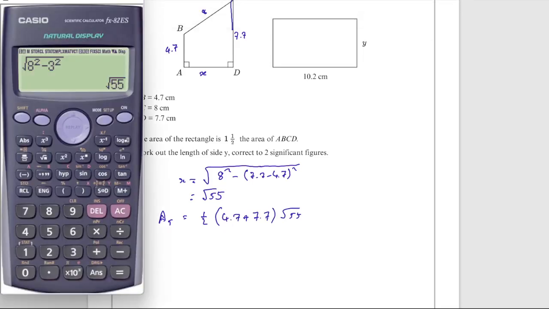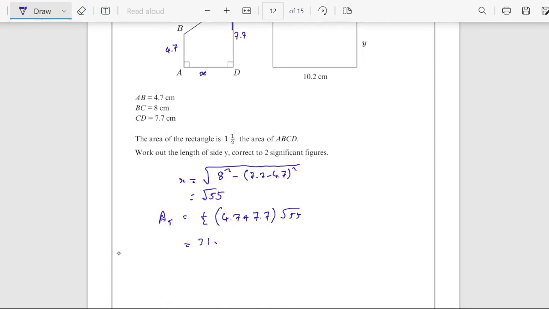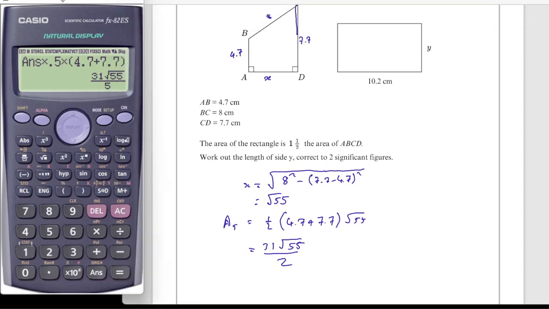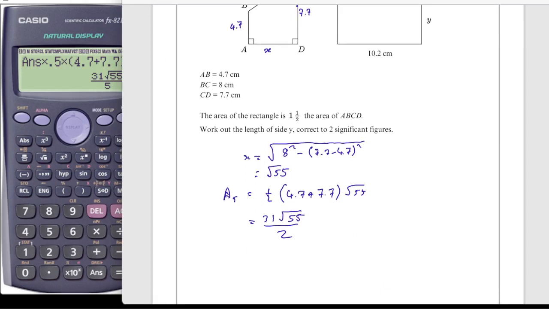I'm doing that value times by 0.5, that just saves me typing in a half. 4.7 plus 7.7. So that's going to give me 31 root 55 over 2, I believe that was. Let's just bring that calculator back up. Yes, okay. So that's the total area of the trapezium.